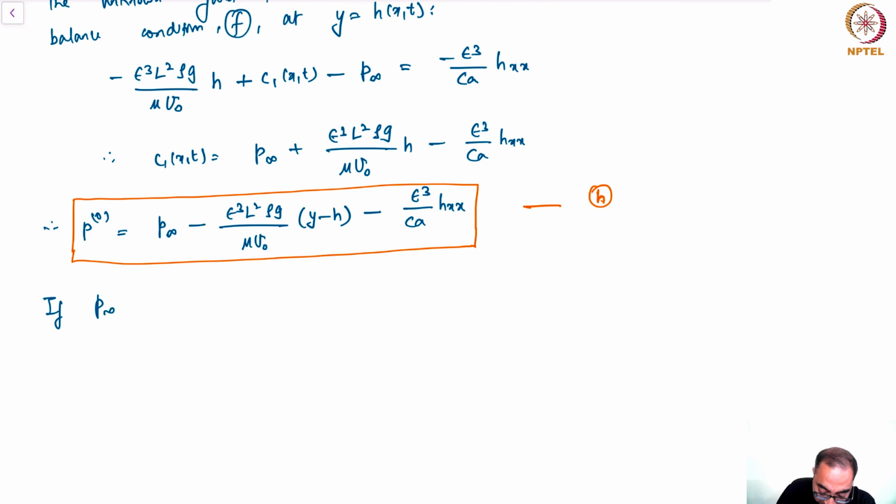Now if this pressure P infinity is known, then we know the pressure distribution in the thin film.